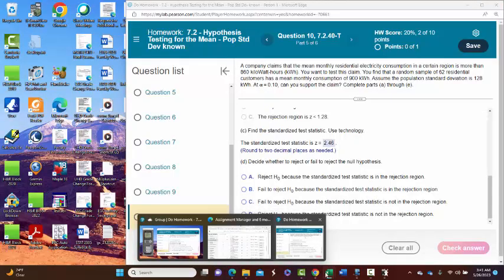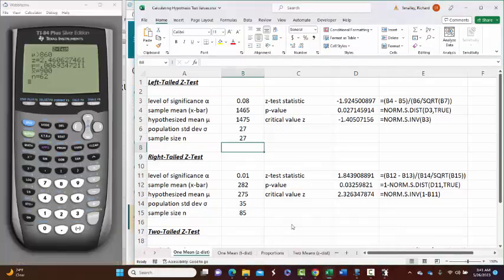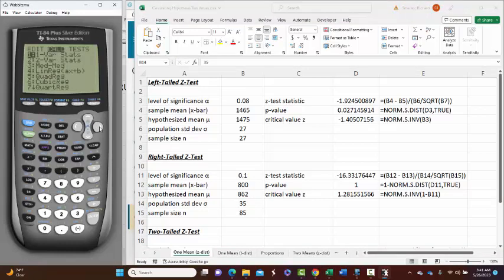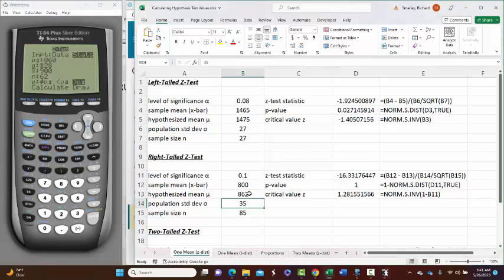0.10. Sample mean is 900. Mu0 is 862, I believe, was that number. Standard deviation, it doesn't show it there, so I've got to go back to where we entered them. Oh, it's 128. No, 860, not 862.